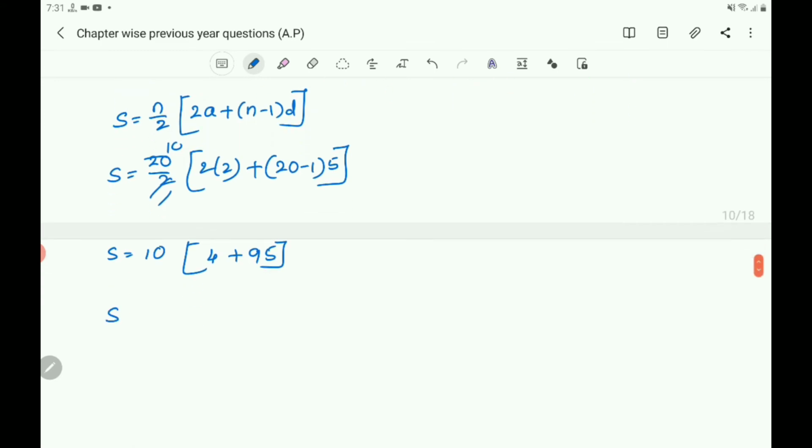Then S equals 10 into (95 plus 4, that is 99). Then S equals 99 into 10 is 990. Therefore, the sum is 990.